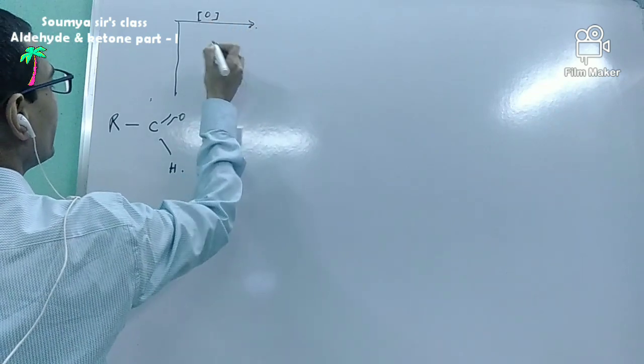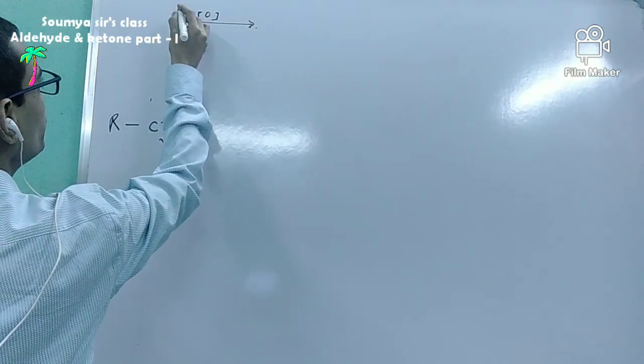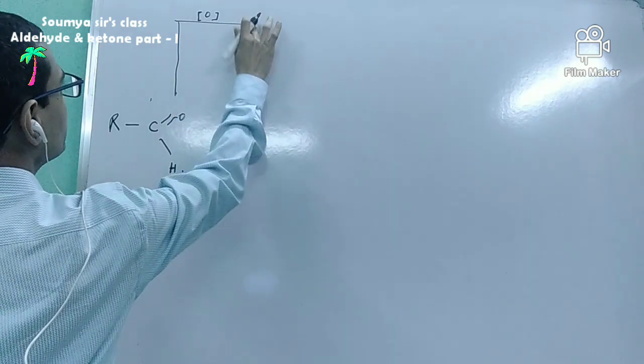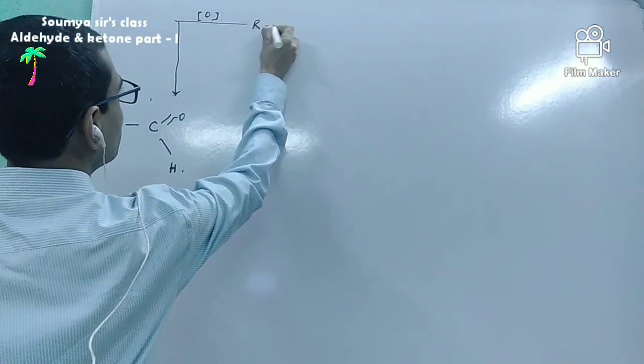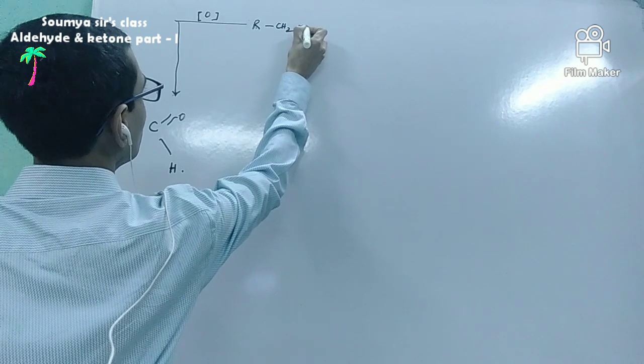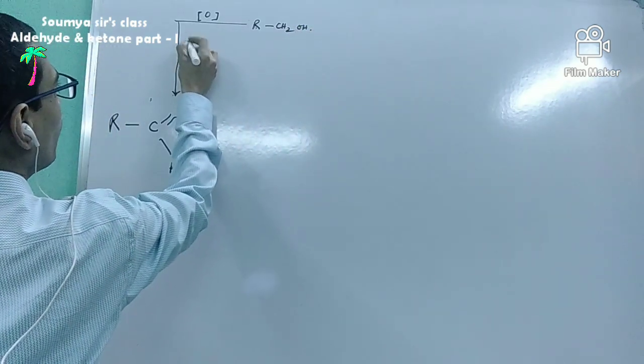So this is primary alcohol, which will be oxidized by K2Cr2O7 and H2SO4 combination, which is oxidant.